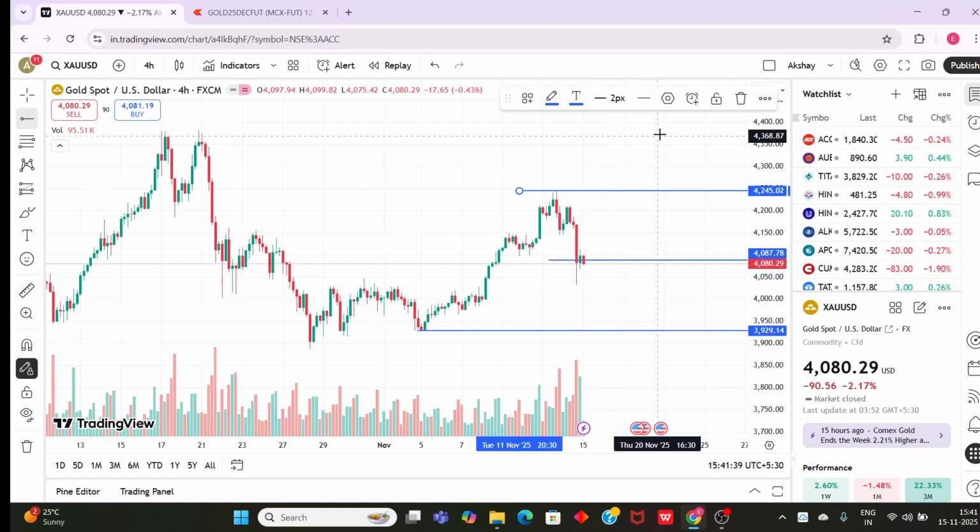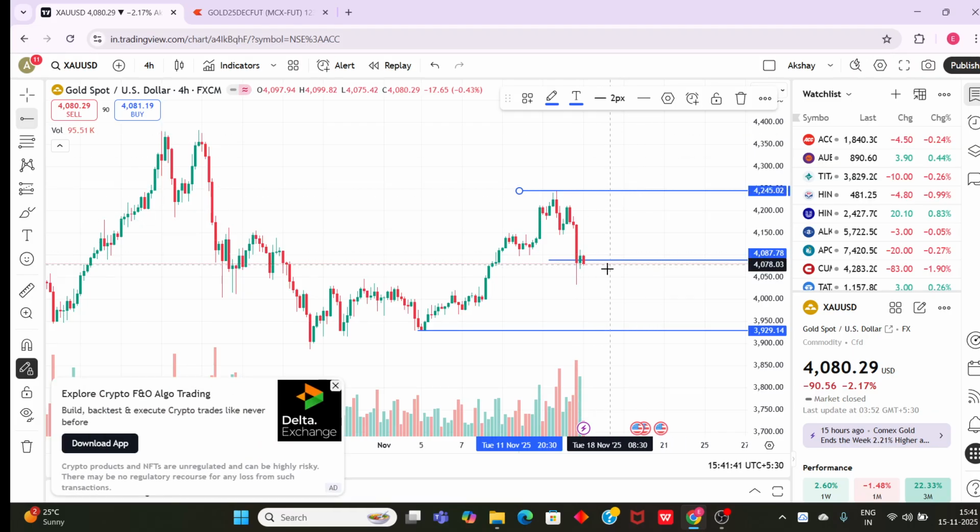So 315 plus 4087 would be the target. Basically the target would be 4401. Okay, that should be the next target. Then the SL: as soon as any candle closes below this level, immediately exit the trade.